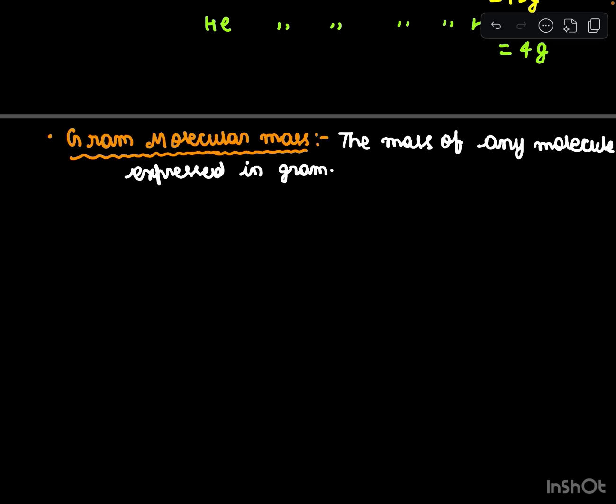For example, let's consider CO2. Its molecular mass will be the atomic mass of carbon, which is 12, plus oxygen, which is 16, but here there are 2 atoms of oxygen, so we'll multiply it by 2.